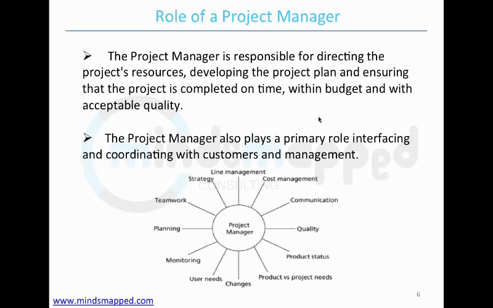And the importance of the BA is that if the requirements are wrong, or not clear, concise, and complete, it could delay the project. So that's why you'll see project managers and BAs working very closely together.